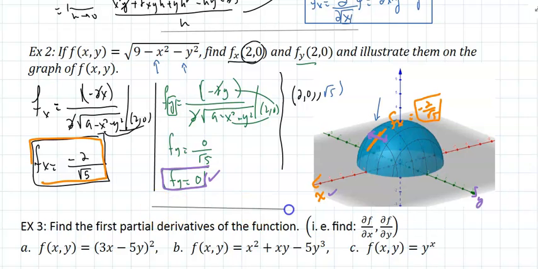So f sub x, you hold everything else constant, and you just assume x is the variable. And f sub y, you hold everything constant, you just treat y as a variable, everything else is a constant. So if I'm looking at a derivative of a cost function, where you have worker hours, machinery, rent, utilities, if I take f sub w, I'm going to figure out the rate of change of my cost function in terms of workers only, or utilities only.